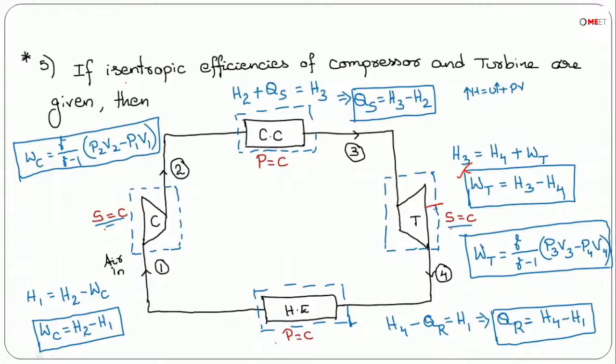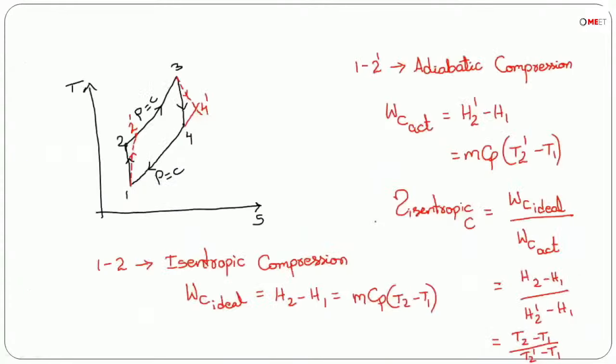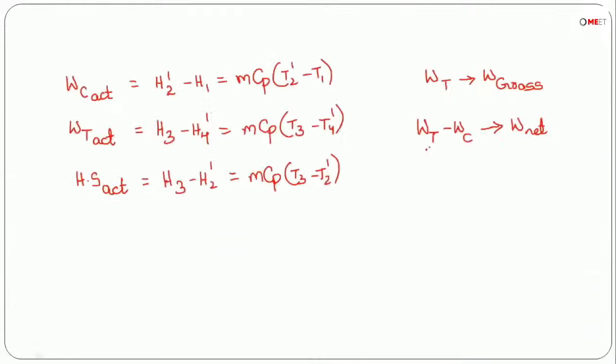That work developed by the turbine, we call it as the gross work developed, but this turbine has to supply certain amount of work input to the compressor by using certain shaft. So the net work done will be WT minus WC. So WT minus WC will be the net work output. So therefore net work done also we need to take the actual condition. So net work done actual is nothing but WT actual minus WC actual.